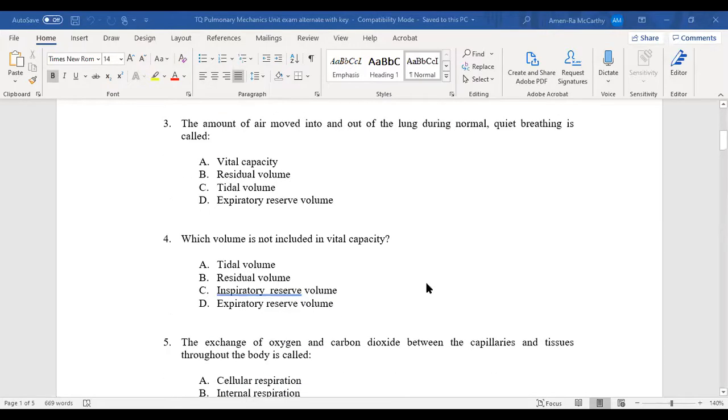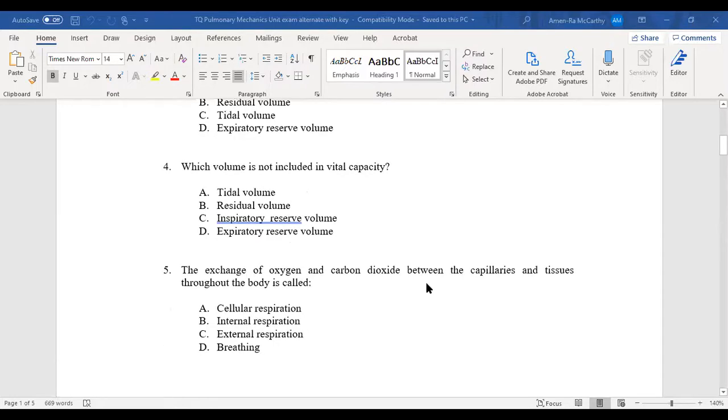Okay? Number 4. Which volume is not included in the vital capacity? Good, Scott. Good, Kayla. Good, Miss Thomas. Look at it again, Miss Rose.